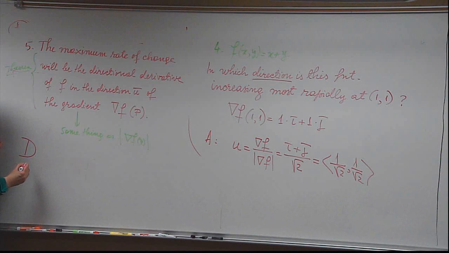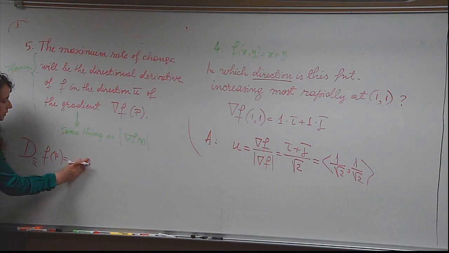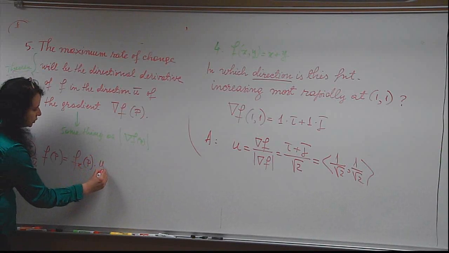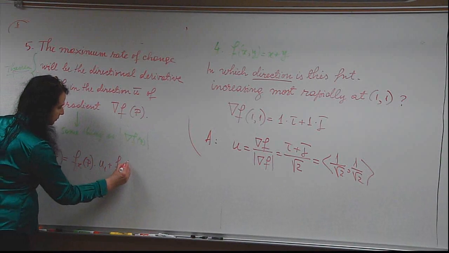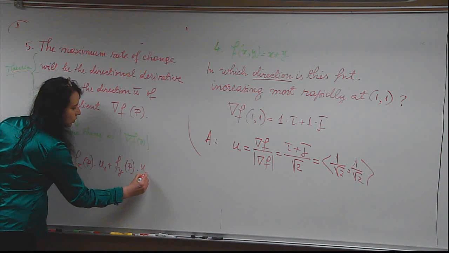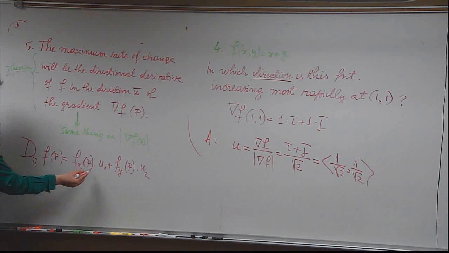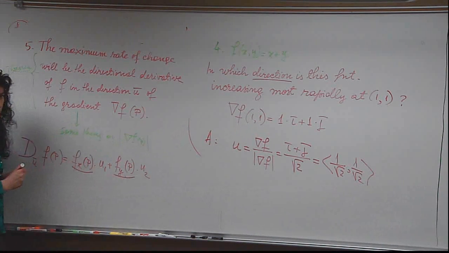The directional derivative in the direction of u of f at the point P, I wrote down before, is f sub x u1 plus f sub y u2. But you guys told me what that was. That was a certain scalar product or dot product between the gradient and the vector u.